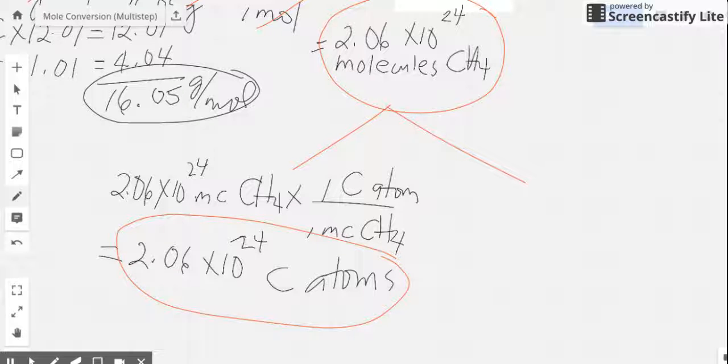How about if you want to get hydrogen atoms? To get hydrogen atoms, it's the same, but the multiplier will be different. So we still copy the number of molecules. We have 2.06 times 10 to the power of 24 molecules of CH4.